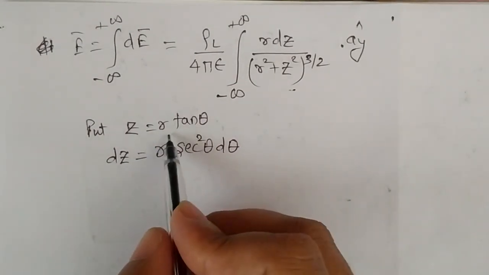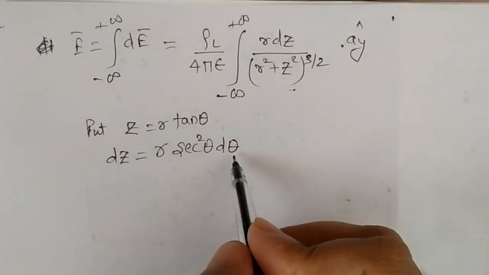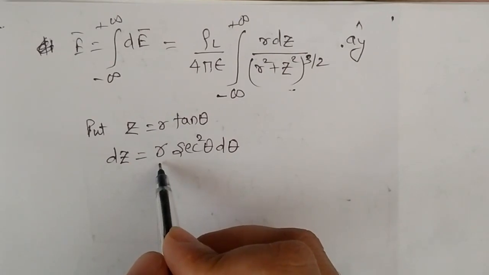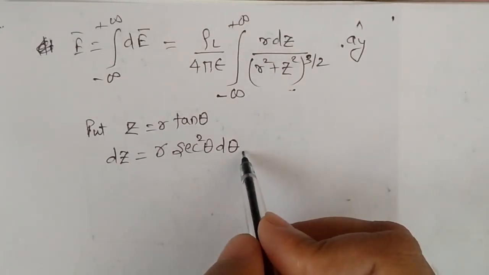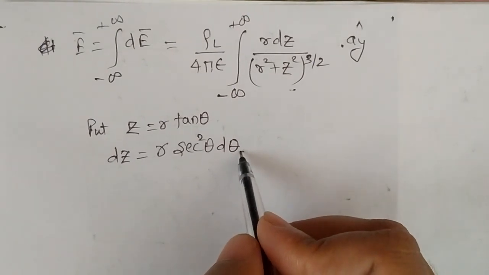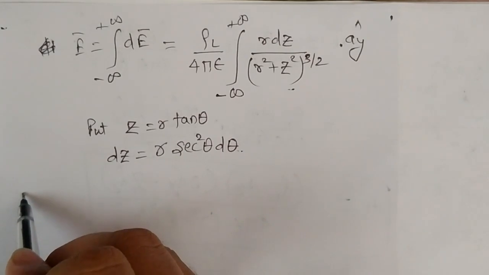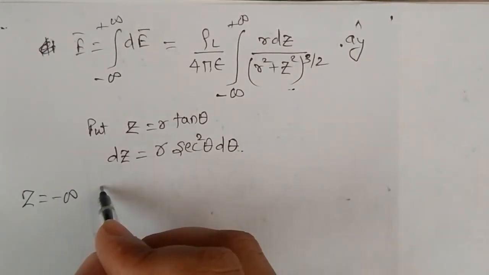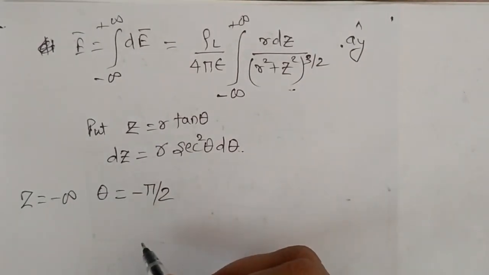So Z equals R into tan theta, and taking differentiation on both sides, dZ equals R into sec square theta into d theta. Now changing the limit of the integration, how do we change the limit? Suppose Z equals minus infinity, so theta will be equal to minus pi by 2. Are you getting or not?